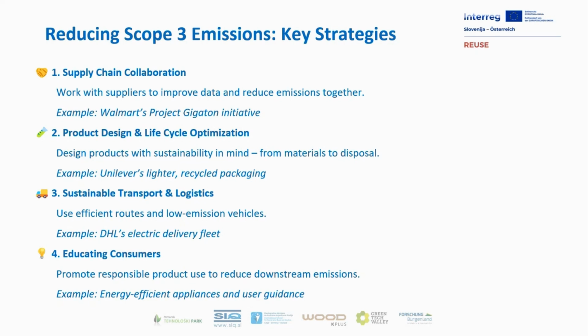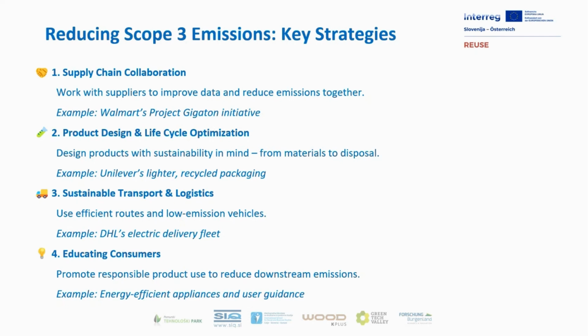Second, product design and life cycle optimization. Organizations can reduce emissions by rethinking how products are designed, from the materials used to the way products are produced, used, or disposed of. A good example is Unilever, which has redesigned much of its packaging to be lighter and to include more recycled materials.